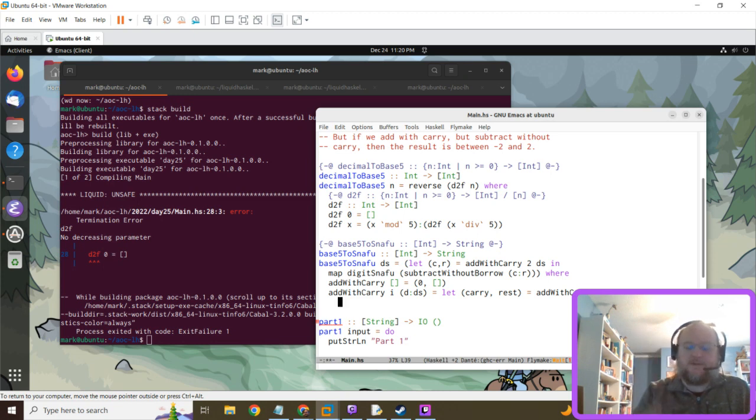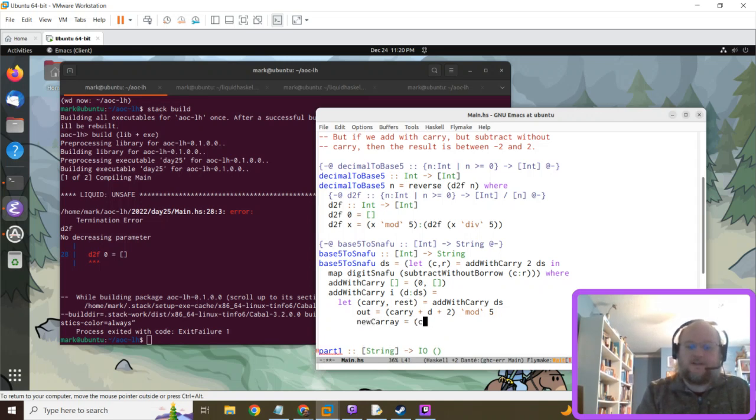So then we do this digit, so carry plus digit plus 2 mod 5. The new carry is carry plus d plus 2 divided by 5.